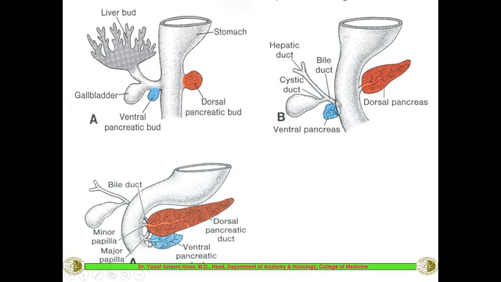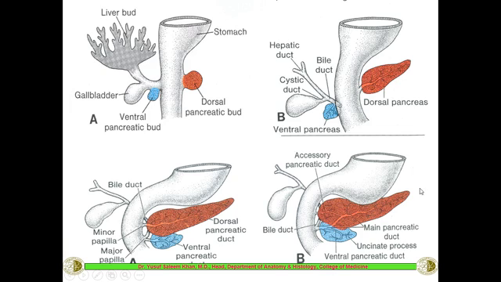Now you can see here there are two ducts. The ventral bud has its own duct, and this is the duct of the dorsal bud. Okay, so this is called the dorsal pancreatic duct. Okay, these two ducts are separate now. Later what happens, the dorsal pancreatic duct, most of the part will be draining the tail, body, as well as the neck.